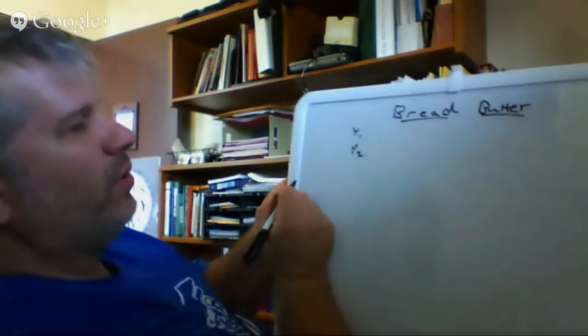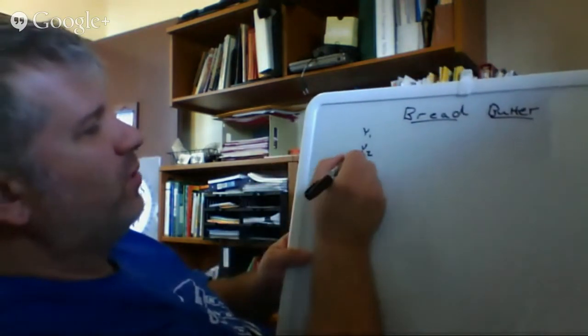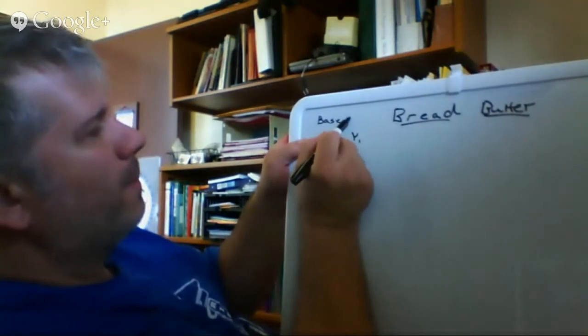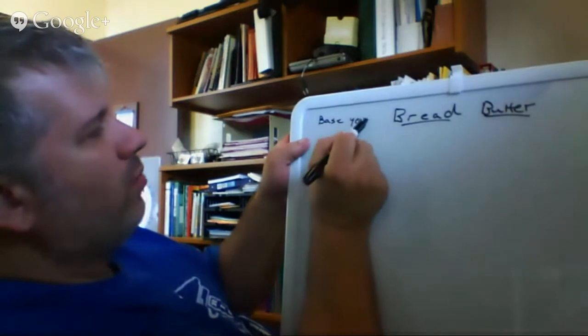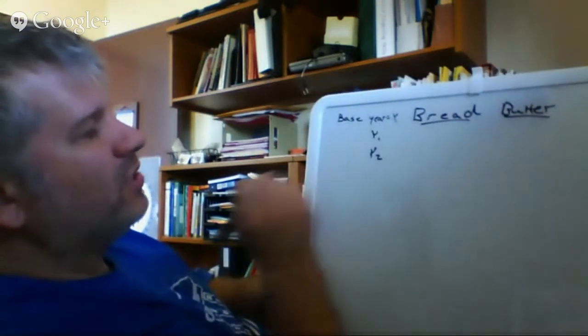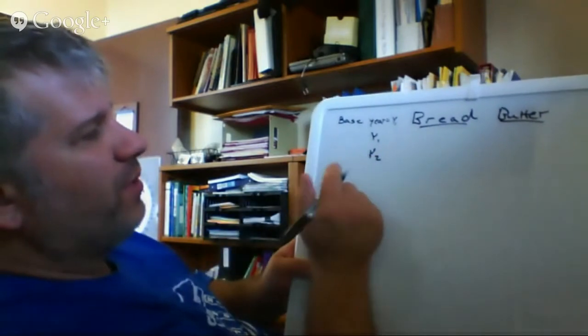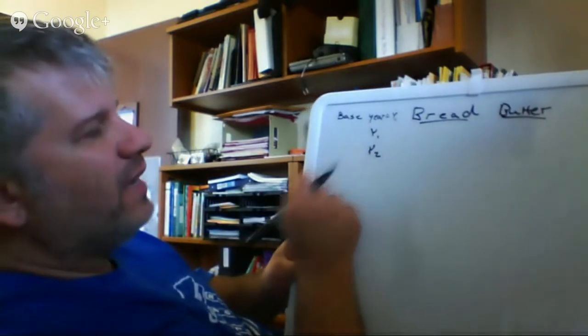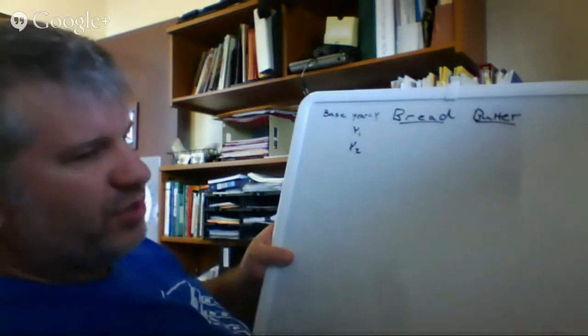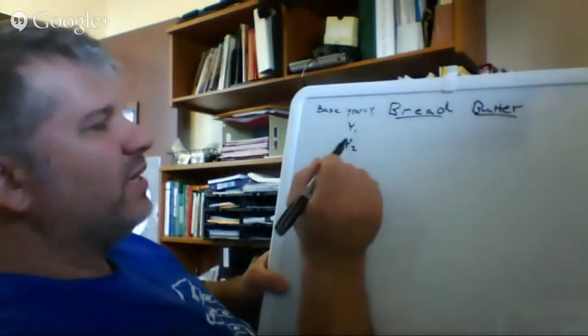And we're keeping it simple. All problems of this sort should say that base year equals year 1 or year 2. You can change the base year. It's just an algebraic issue. If it doesn't say what the base year is, you can normally presume that the base year is the first year, but is what it is.